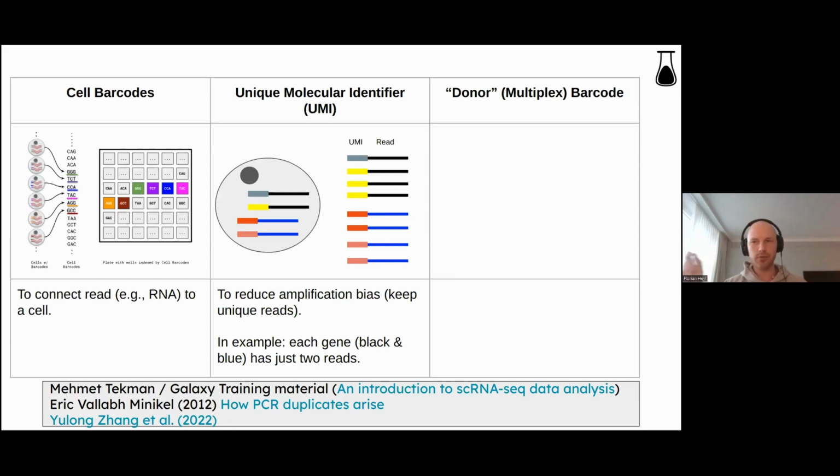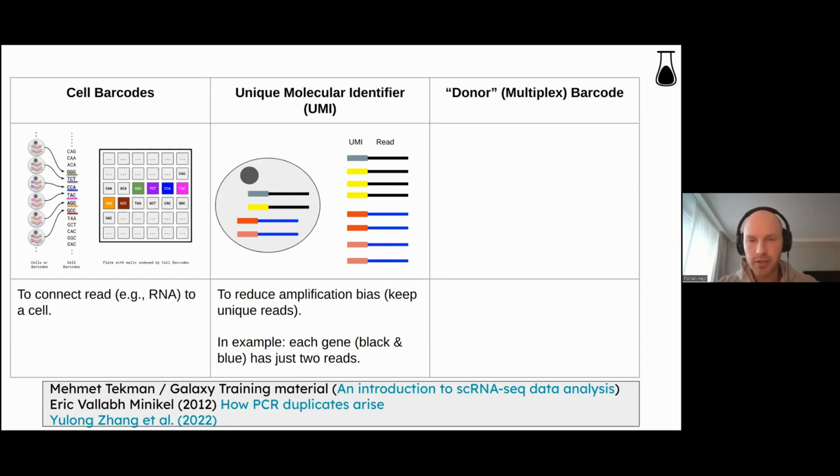In droplet, you only have the 3' and 5' end sequenced. To not confuse you too much about it now, in scRNAseq you therefore often don't see UMIs because of the full read sequencing. And in droplet, you can introduce UMIs.